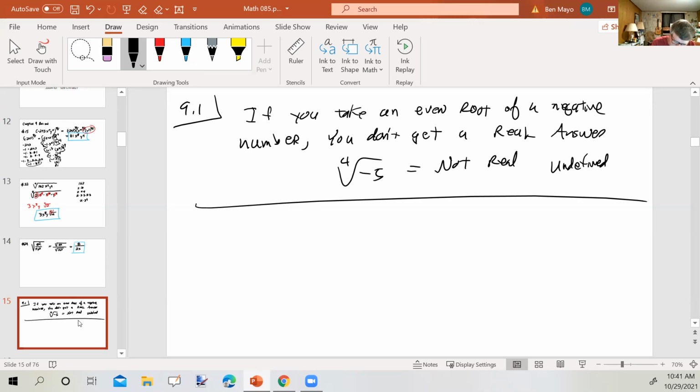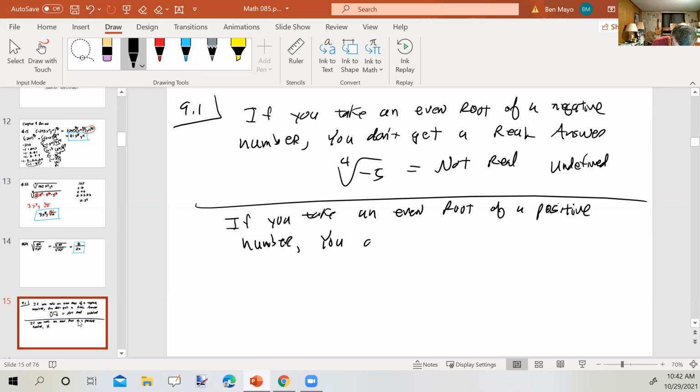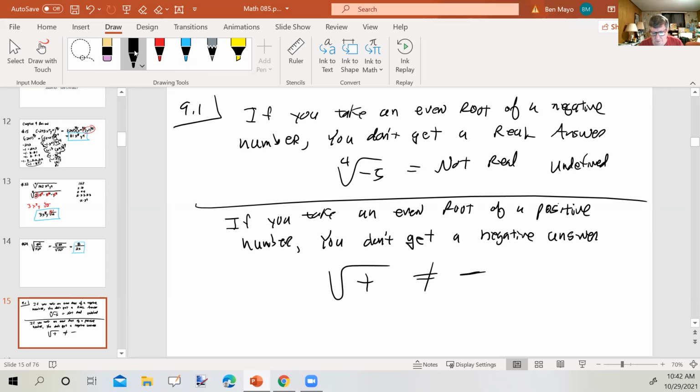Secondly, if you take an even root of a positive number, you don't get a negative answer. So the square root of some positive number cannot equal a negative answer.